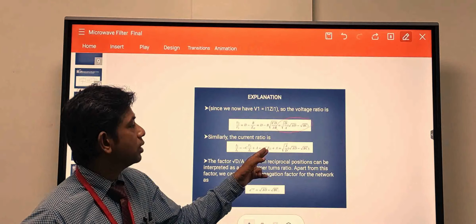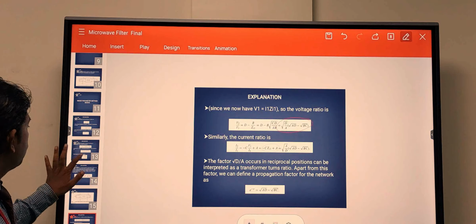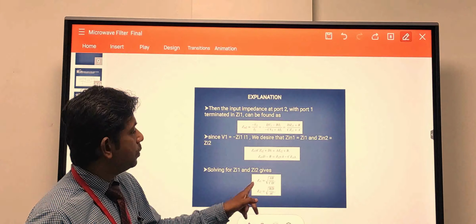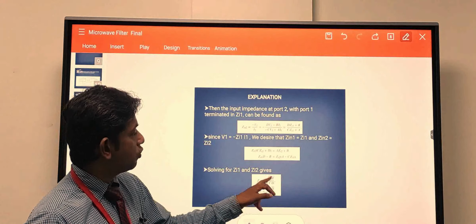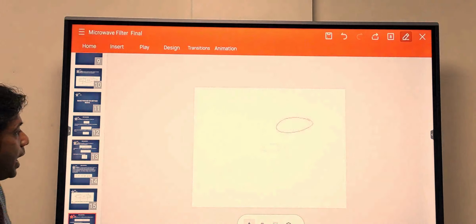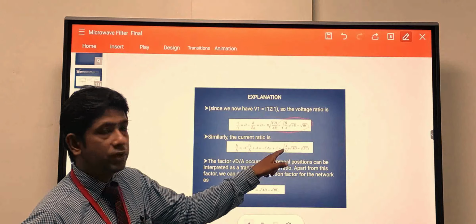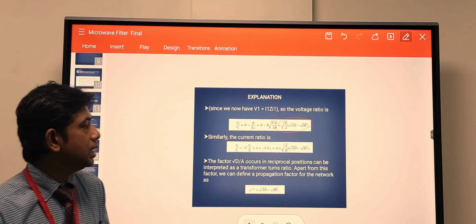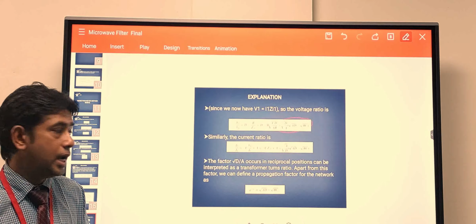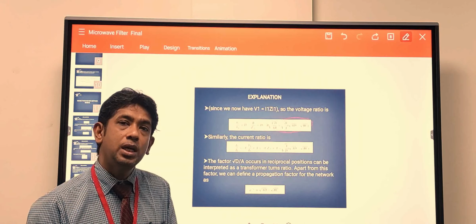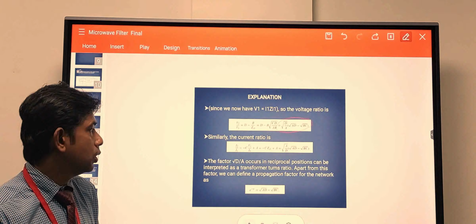We put the values of Zi1 from here, that is under root of AB by CD, and put it back in this process, and we end up with under root of A by D, bracket close, under root of AD minus under root of BC, bracket closed.